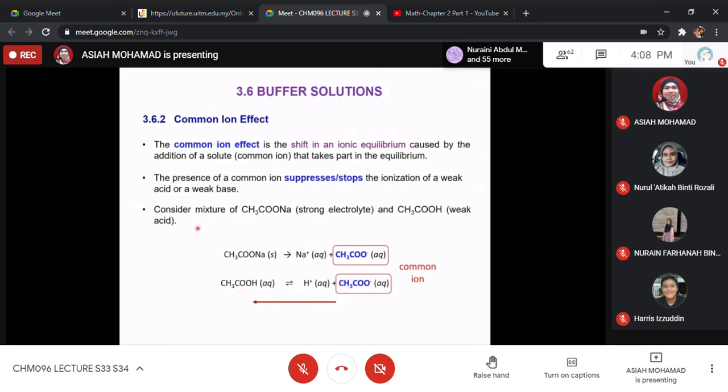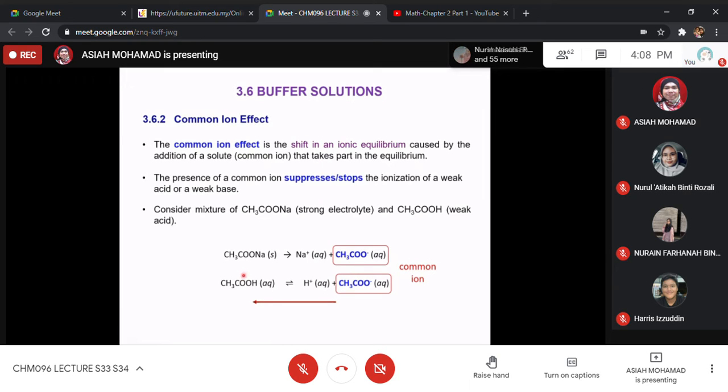Let us consider the mixture of sodium acetate, which is a strong electrolyte, and acetic acid, which is a weak acid. If sodium acetate and acetic acid are dissolved in the same solution, they both dissociate and ionize to produce acetate ions.